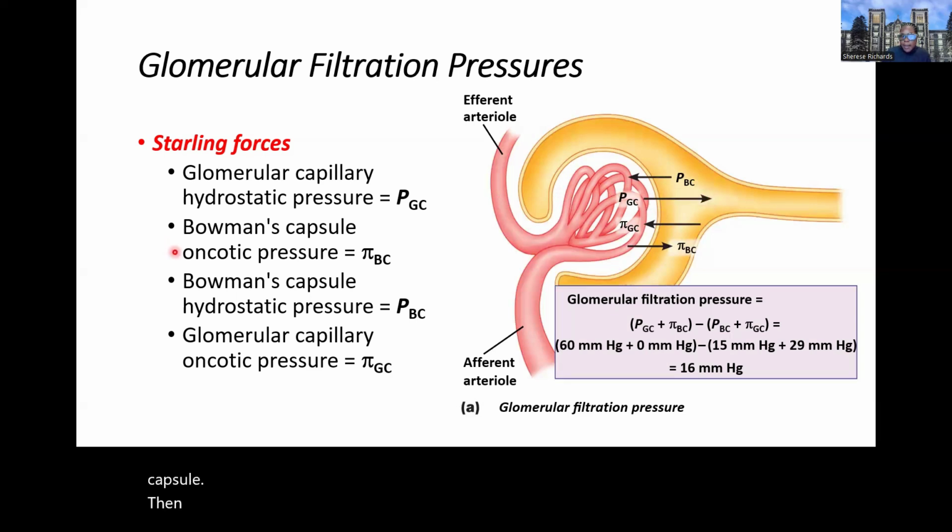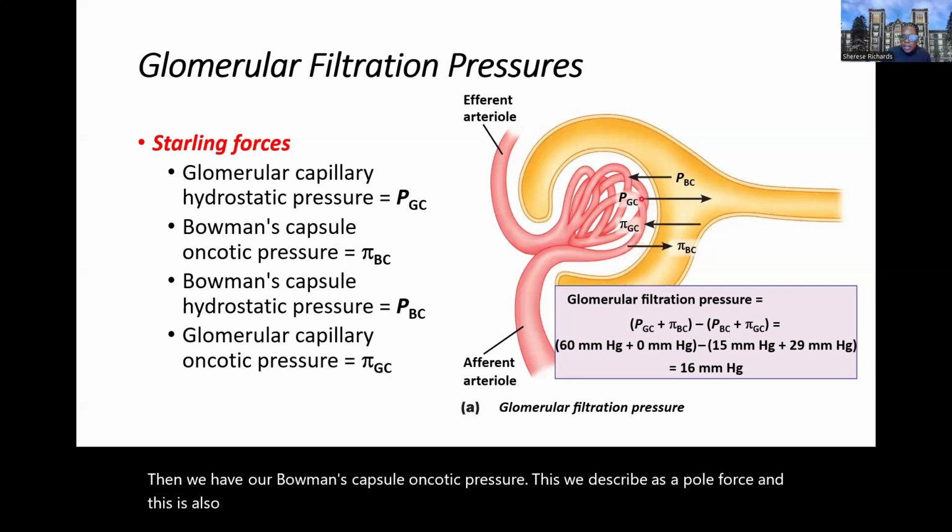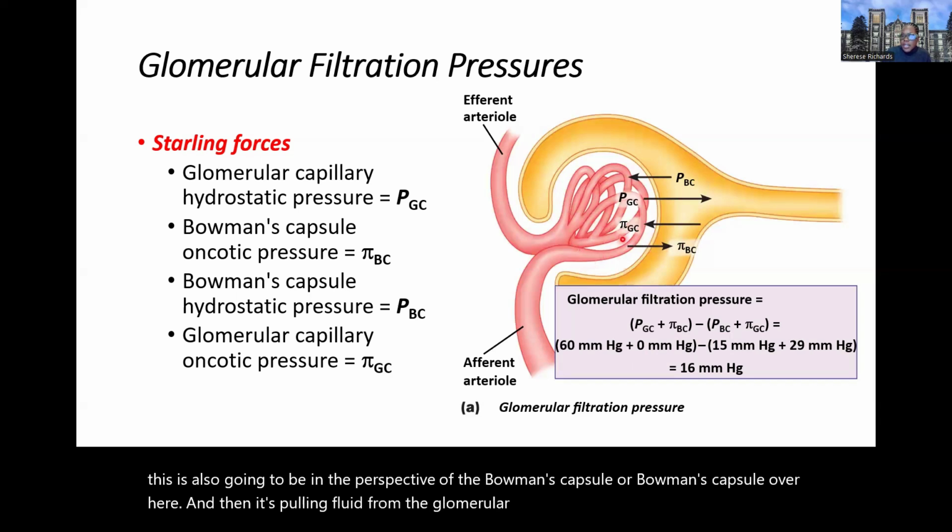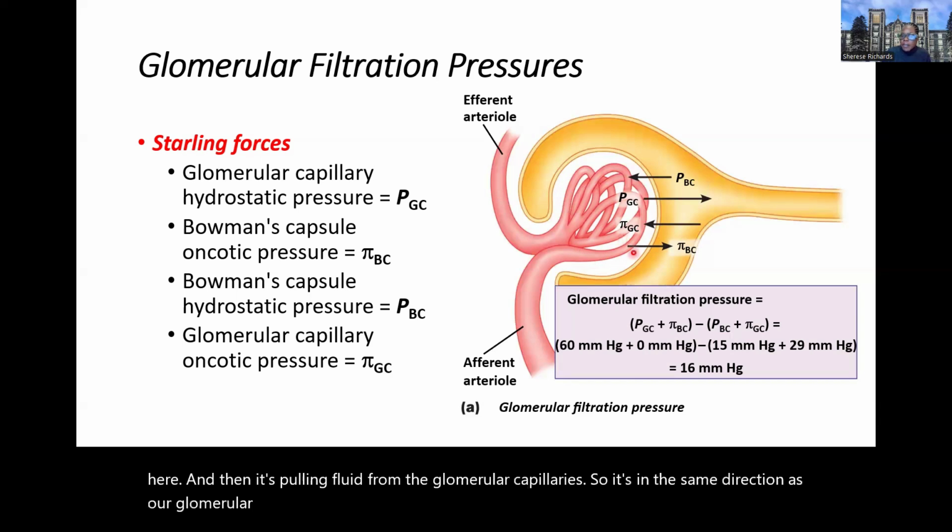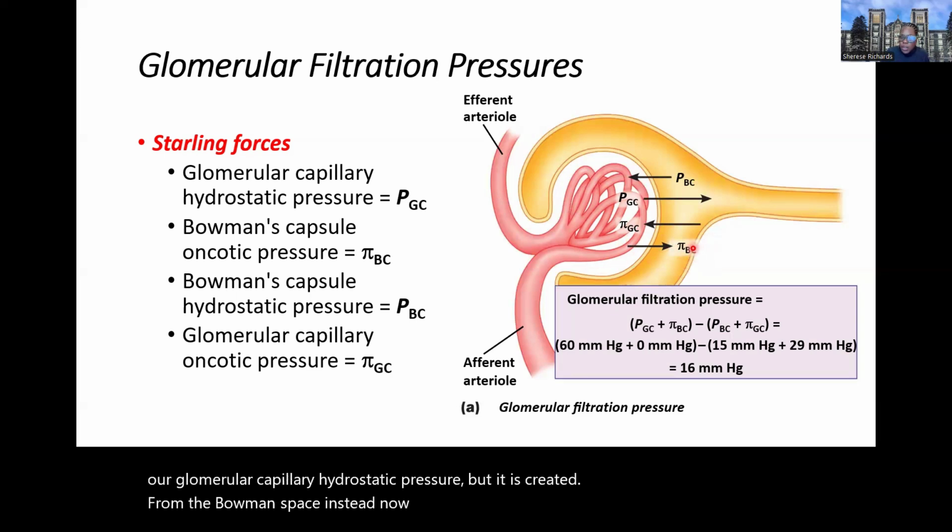Then we have our Bowman's capsule oncotic pressure. This we describe as a pull force. And this is also going to be from the perspective of the Bowman's capsule over here, and it's pulling fluid from the glomerular capillaries. So it's in the same direction as our glomerular capillary hydrostatic pressure, but it is created from the Bowman space instead. Now, interestingly, there should be no proteins in the Bowman space.